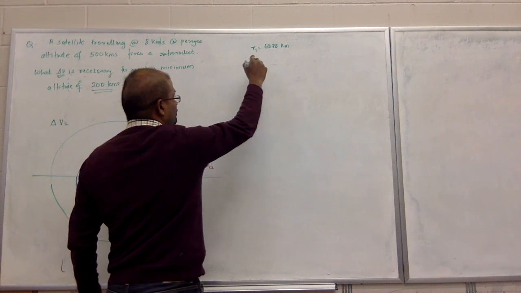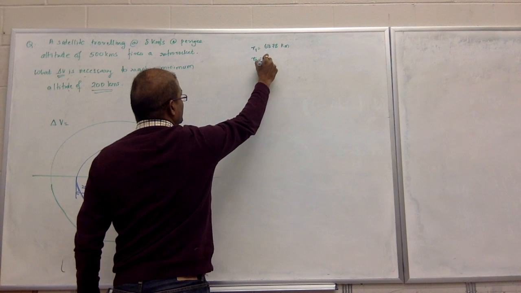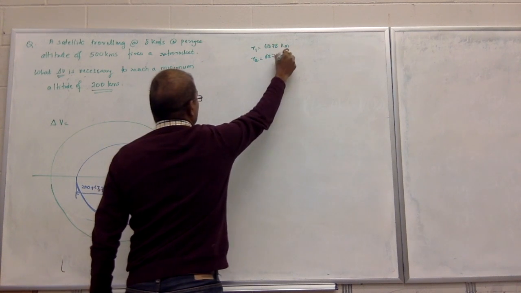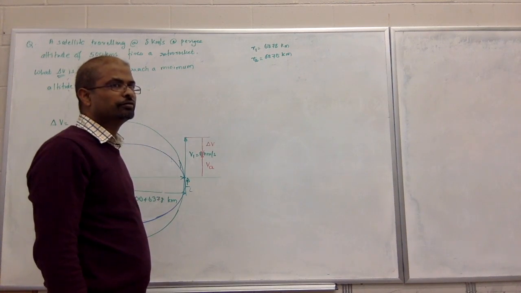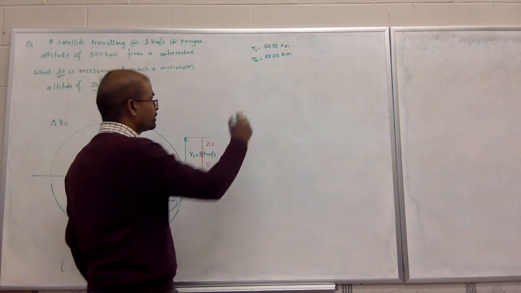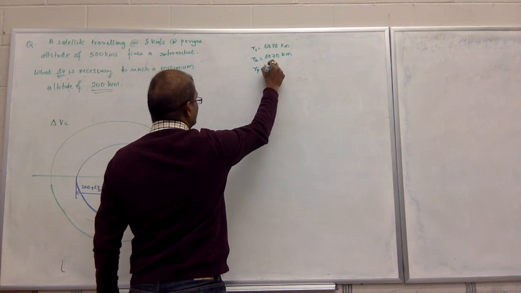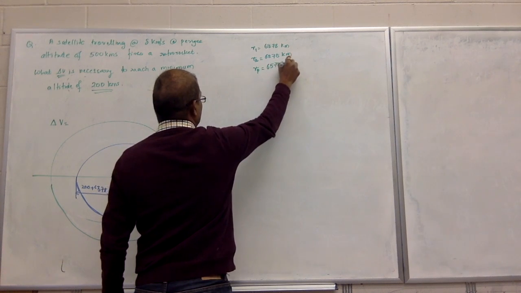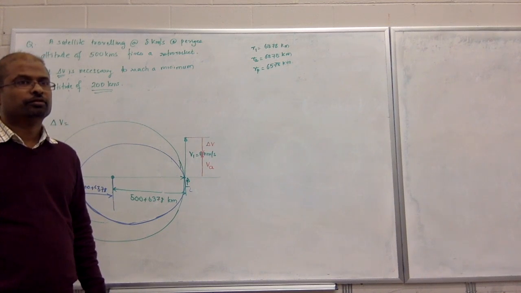Oh, I'm sorry, what is RA? 200 plus 6378. Wait, that's going to be the new apogee. Yeah, it's apogee, right? Here we are decreasing, right? RP is what? Because we chose that, it's going to be 6878. We changed our order. You got it?